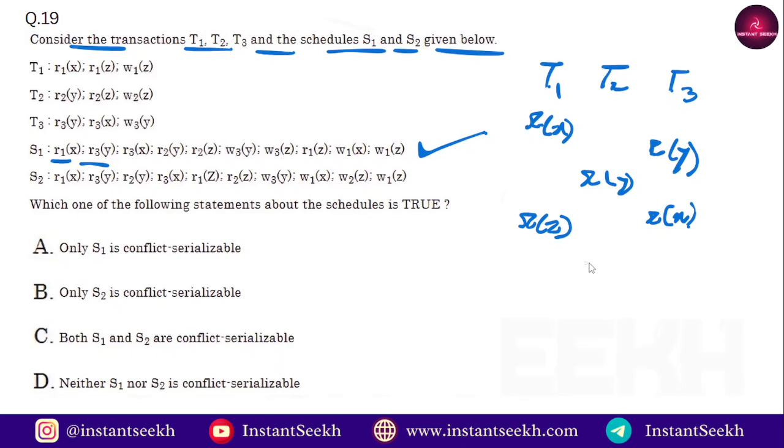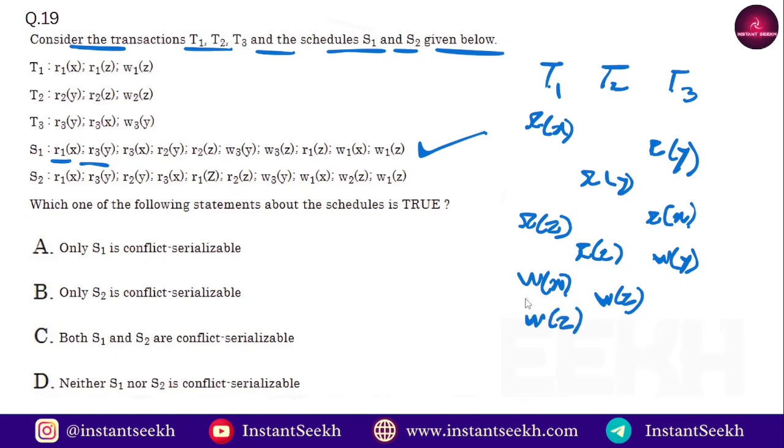Then we have RZ with transaction 2, then WY with transaction 3. Then we have WX with transaction 1, WZ with transaction 2, and WZ again with transaction 1.